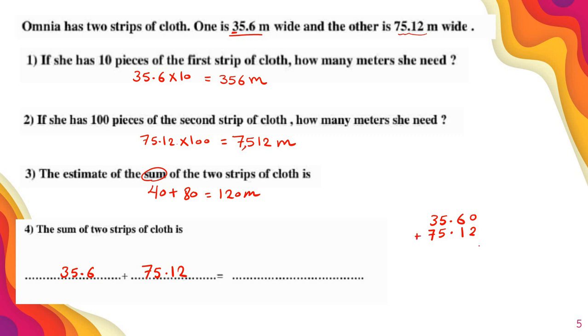And don't forget, you add 0 plus 2, 2, 6 plus 1, 7. Once you see the decimal point, drop it. 5 plus 5, 10, 0, and carry 1. 1 plus 3 is 4, plus 7 is 11. So the answer is 110.72, and it's close enough to 120 meters. Don't forget to write the unit.